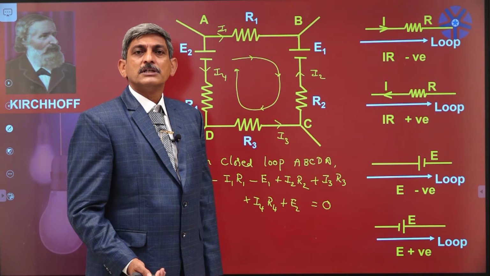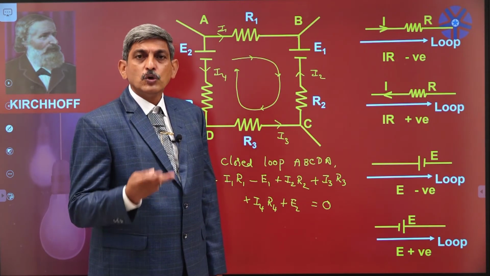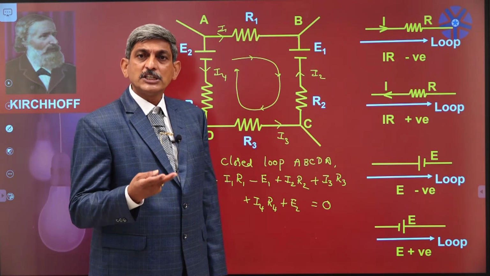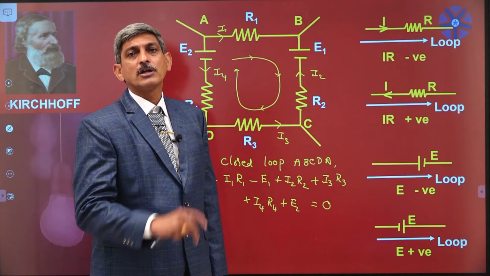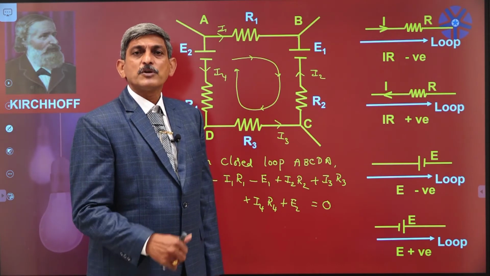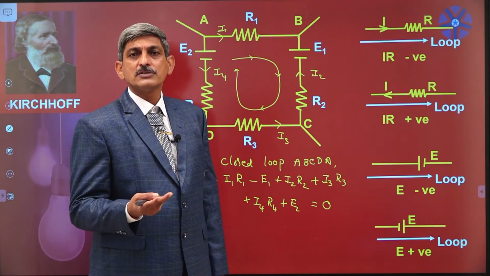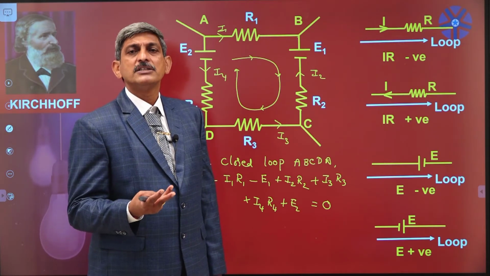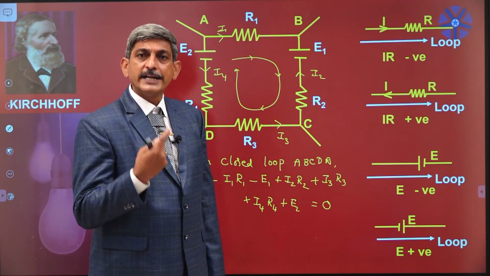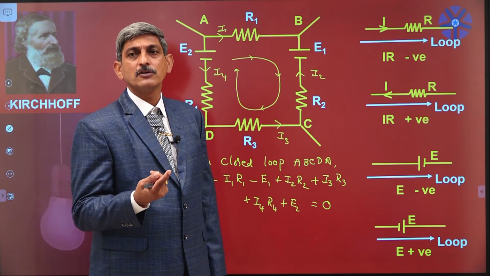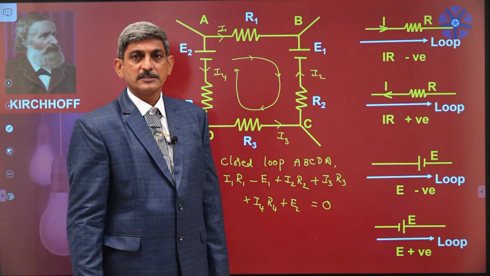If suppose there are two unknown currents, we write two loop equations, then by solving the two equations, we will get the two unknown currents. If suppose there are three unknown currents in the circuit, for getting three unknowns, three equations are required, so we consider three independent loops, and by writing the three equations and solving them, we will get the three currents.